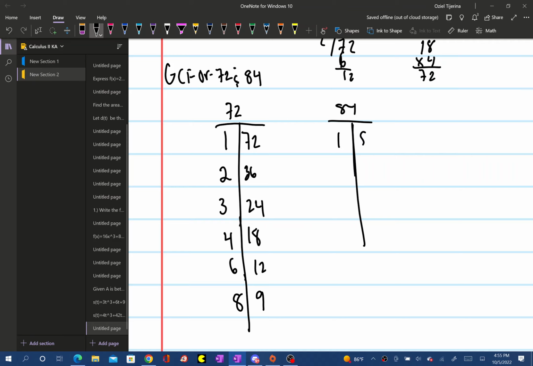So then this is 84: 1 and 84, 2 and 42, 3 and 28, 4 and 21, 5 and... actually, no, I don't think 5 goes in there. 5 doesn't go in there.